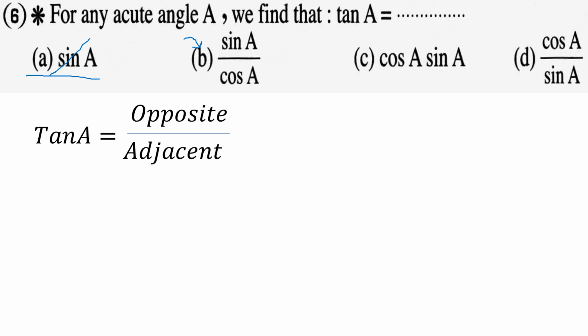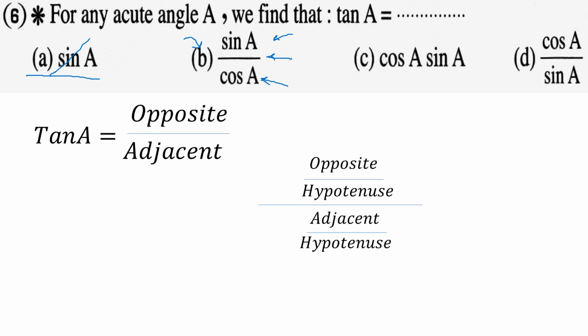I have the numerator sine A, which is opposite over hypotenuse, over cosine A, which is adjacent over hypotenuse. Now, let's cancel this part with that part. So the final shape is opposite over adjacent, which is the same as this. So choice B is the correct one.